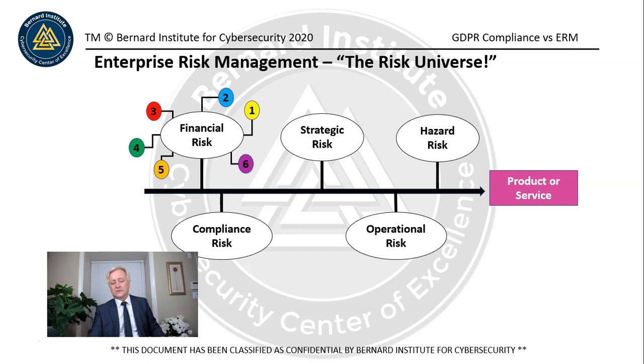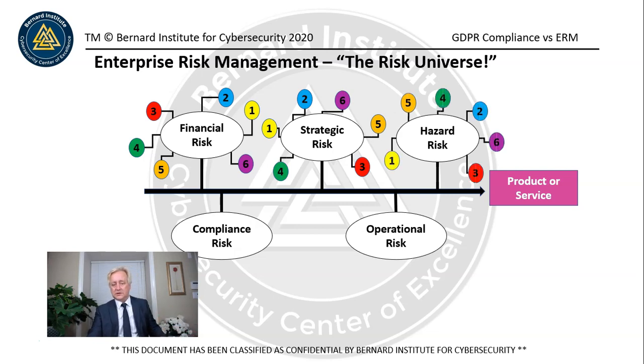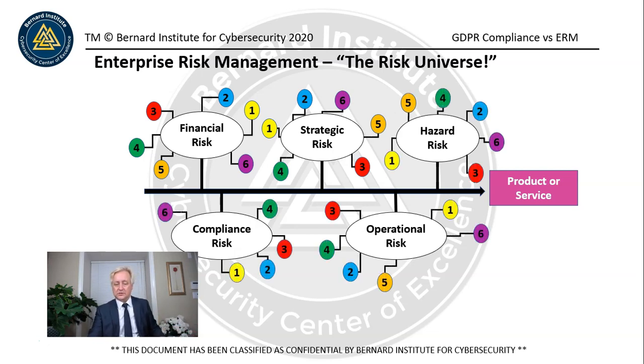All of these different types of assets have some kind of vulnerabilities associated with them that need to be managed as part of the risk management process. And financial risk, strategic risk, hazard risk, compliance risk, operational risk, they all have the same. So there's 6 key assets that need to be managed.